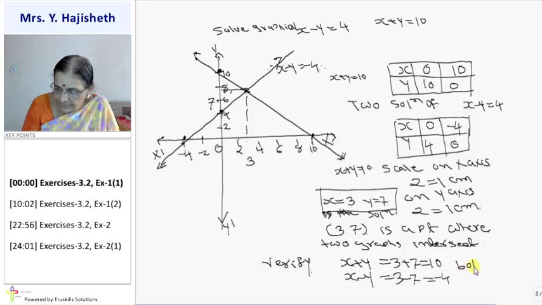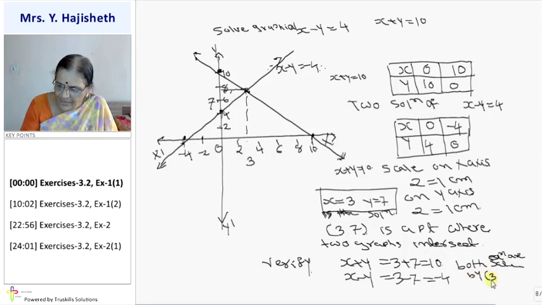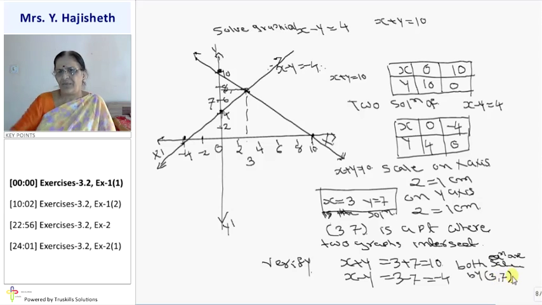So both equations are satisfied. Both the equations are satisfied by 3, 7, okay?